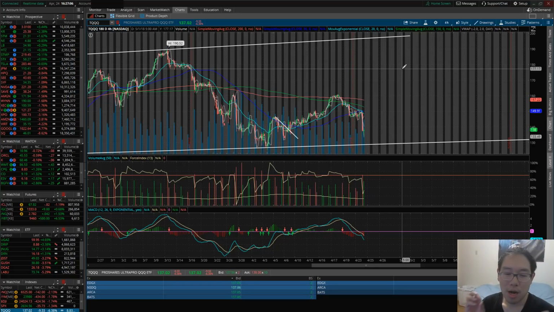So for people who are looking for an entry, be on the lookout, right? Be on the lookout for a reversal soon on SPY. Don't pull the trigger too early. Let SPY retest that support. But once again, we find ourselves at a better buying point.